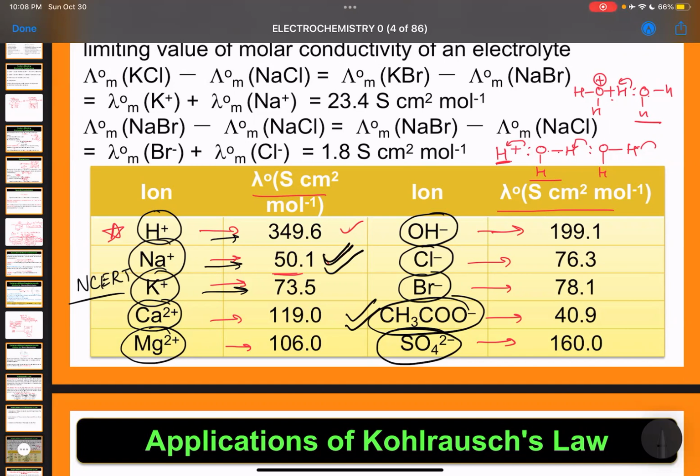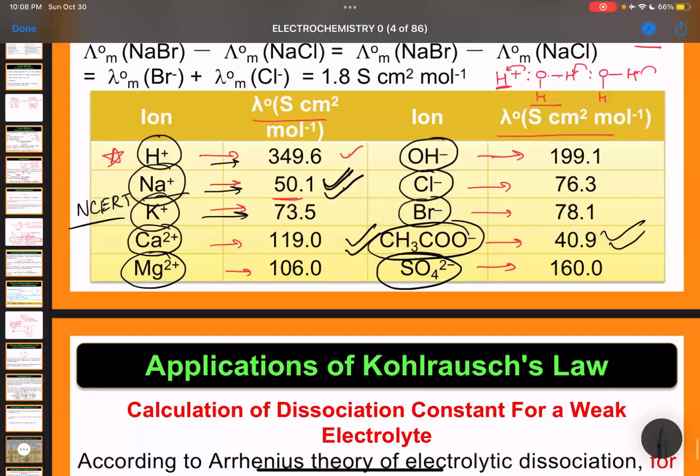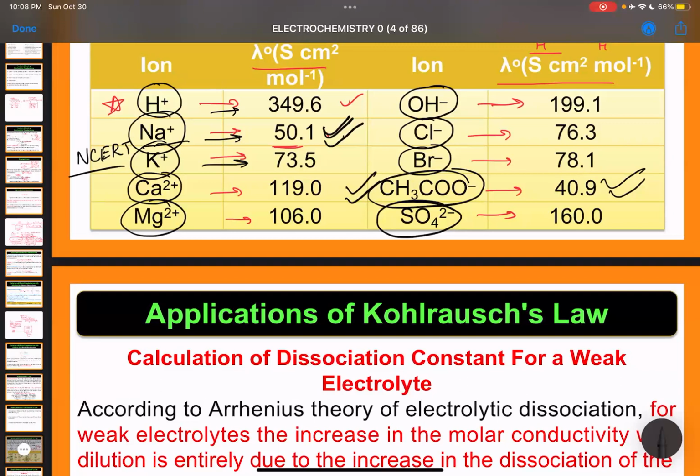Suppose I ask you what is the molar conductance of sodium acetate. Sodium acetate, CH3COONa, is going to break into CH3COO minus and Na plus. So the molar conductance of the whole compound is going to be the sum of the molar conductance of the individual ions, each multiplied by its stoichiometric coefficient. As per the formula, there is 1 sodium and 1 acetate, so no need to multiply them by any other number because they are 1 each. Suppose I ask you what's the molar conductance at infinite dilution for potassium acetate.